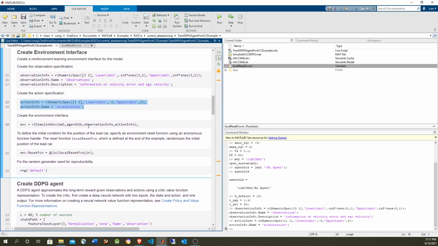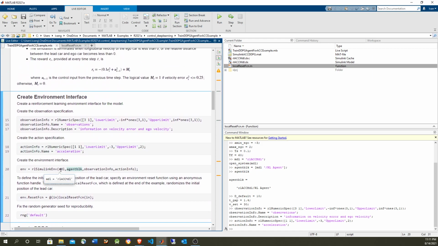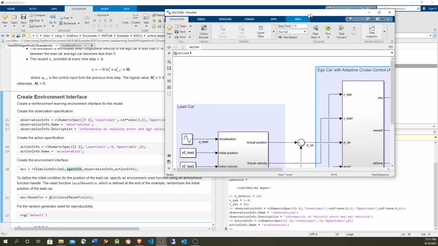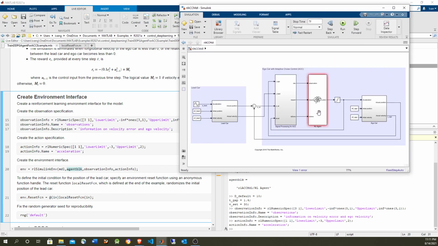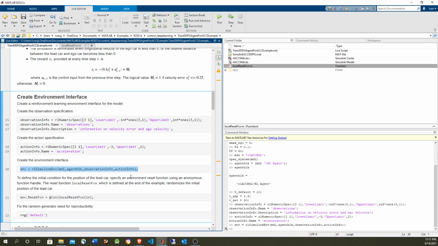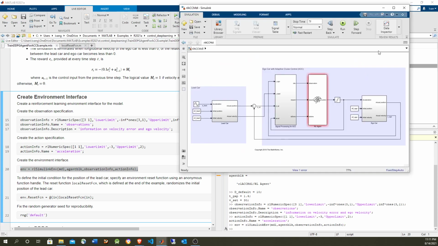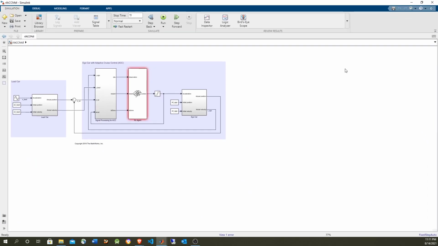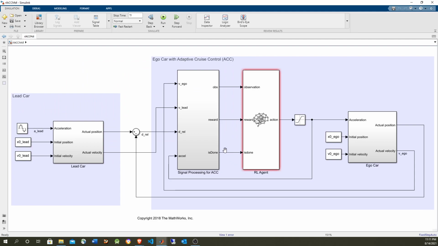Now we're going to create the environment. The environment takes the model name that we just saw, the block of the reinforcement learning agent, which is basically the path to this block, the observation information, and the action information, and we're going to have the environment. Again, as mentioned before, sometimes the experiments for training go astray, and we have to reset the environment.